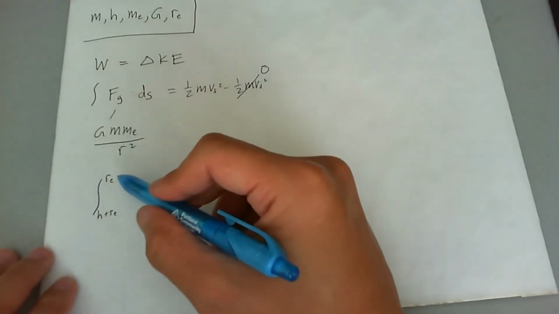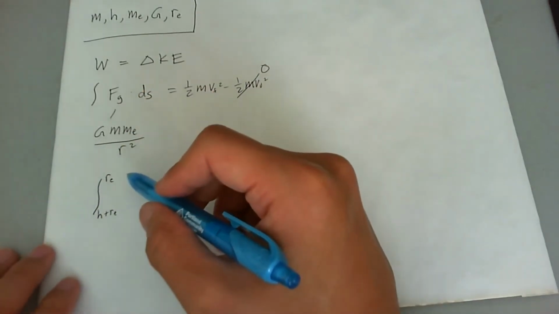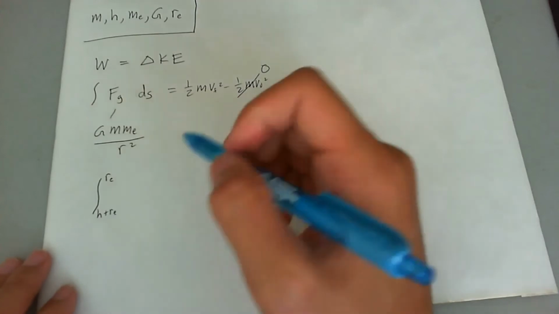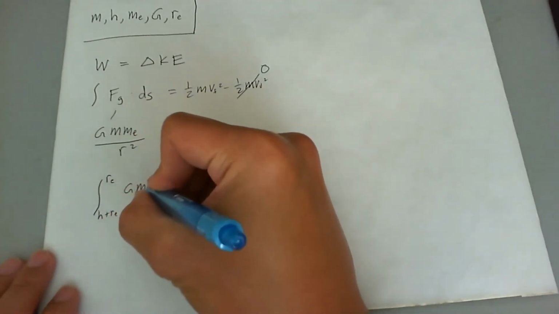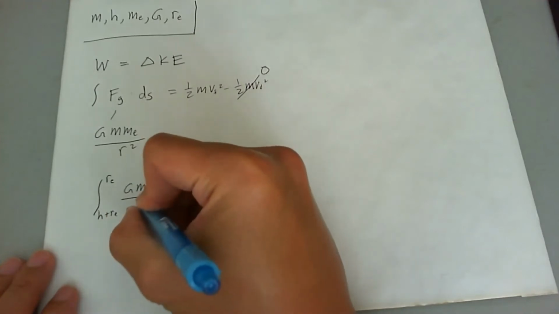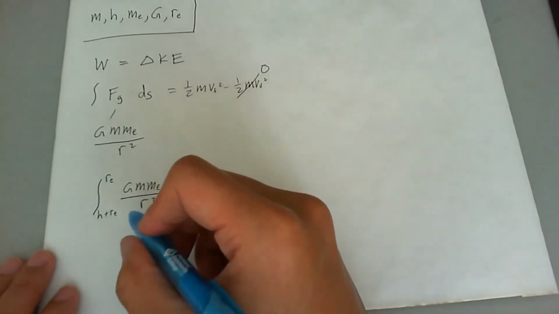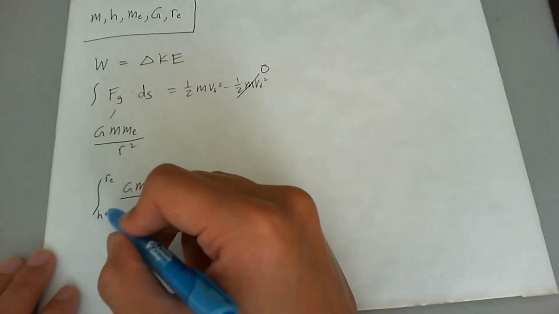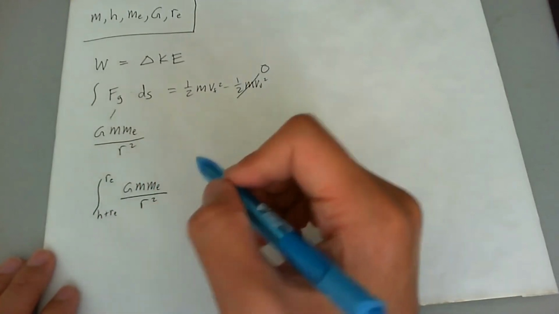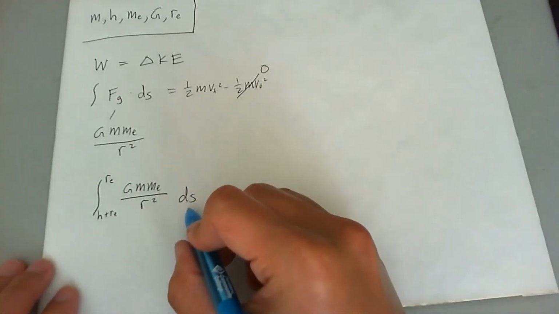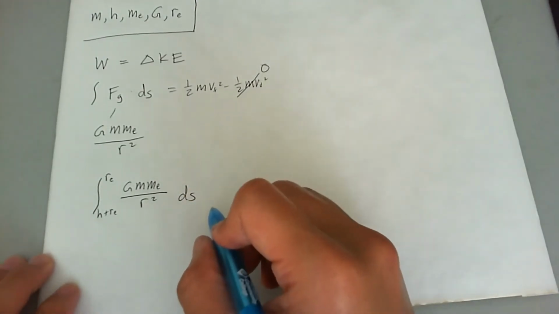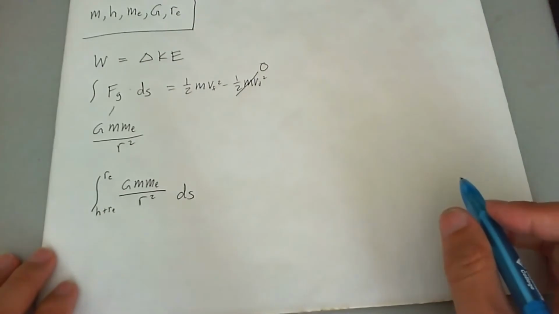That's where the skydiver is going to fall to. We're going to say G M M_E over r squared. That's the force variable and how it varies from the starting condition to the ending condition. And then we're going to have ds, the infinitesimal distances that the skydiver falls throughout.